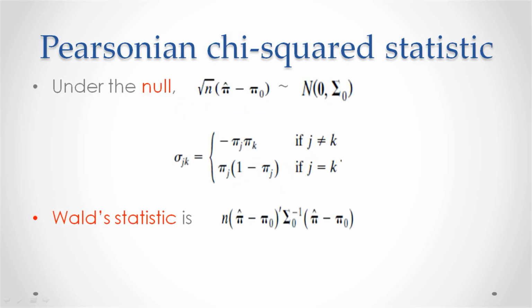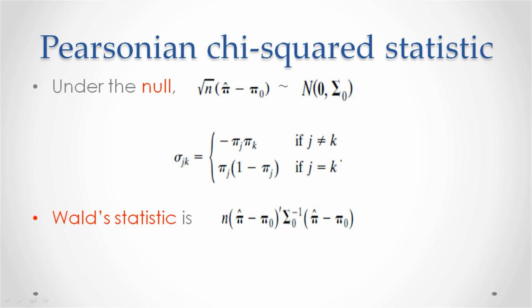The Pearsonian chi-squared statistic turns out to be a special case of maximum likelihood based inference. Note that by virtue of properties of the maximum likelihood estimators, root n (pi hat minus pi naught) follows normal (0, sigma naught), where sigma naught is a matrix with element sigma jk equal to minus pi j pi k if j is not equal to k, and pi j into (1 minus pi j) if j is equal to k.